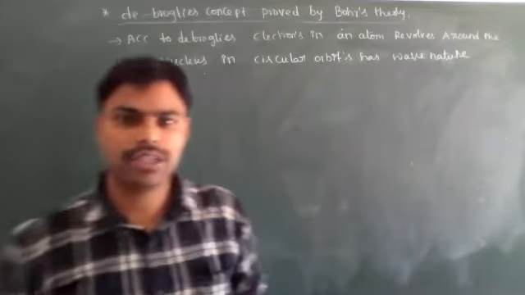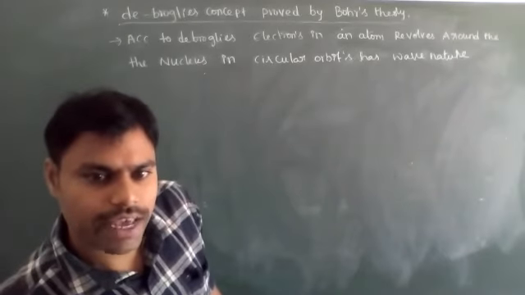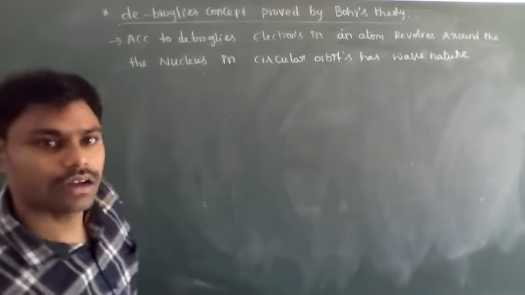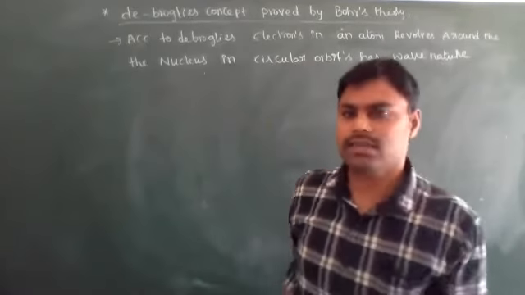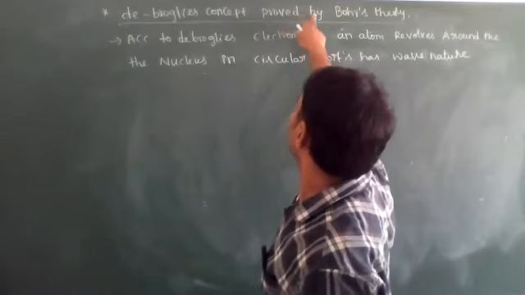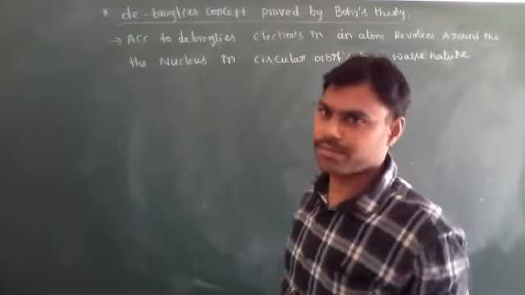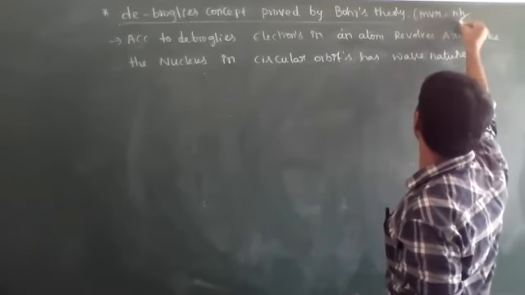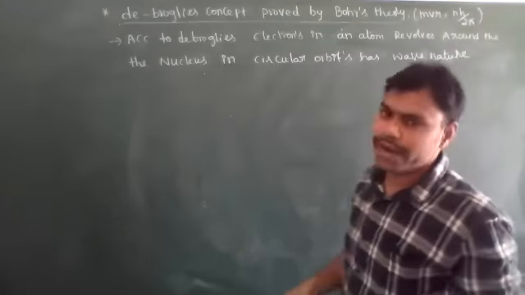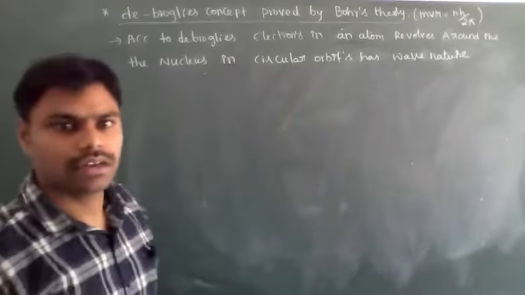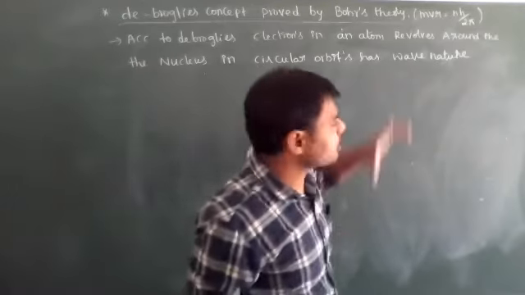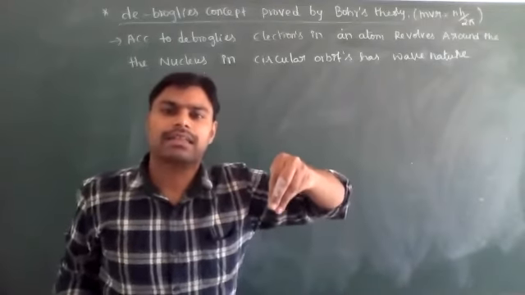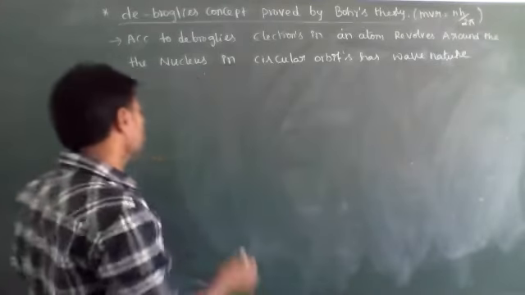So the electrons revolve around the nucleus in circular orbitals, with wave nature, in the wave form only. De Broglie's concept proved Bohr's theory, meaning how that mvr is equals to nh by 2 pi can be proved by de Broglie's. For proving this, de Broglie said the electrons revolve around the nucleus in circular orbitals, and they have wave nature.